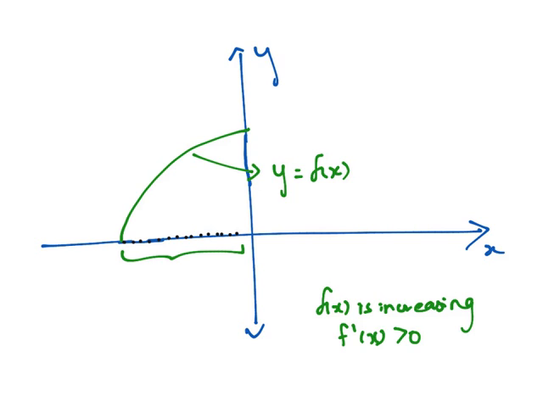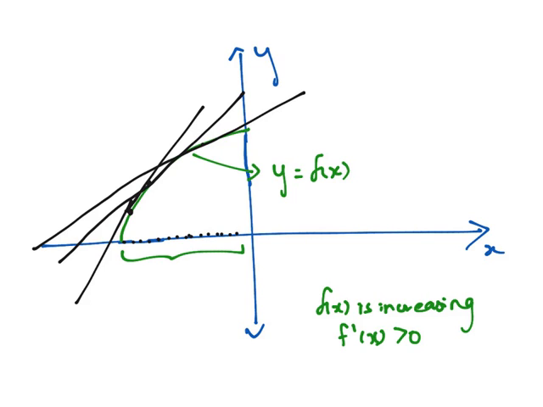Let me draw a tangent here. If you draw a line, the slope will be f dash of x. So this is the slope; the slope of this line will be f dash of x. If you take here, like this, as you can see, the slopes are decreasing, isn't it?